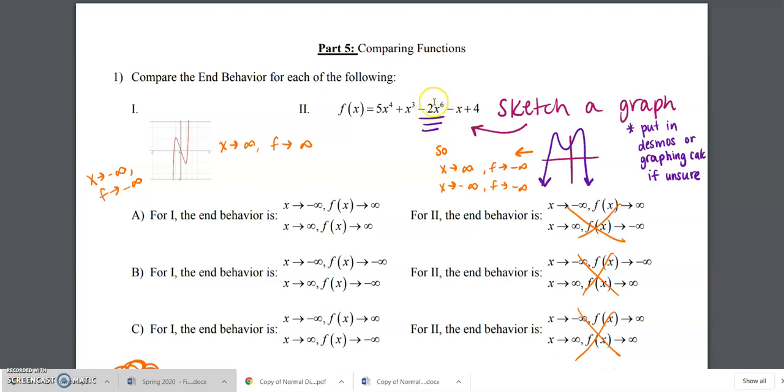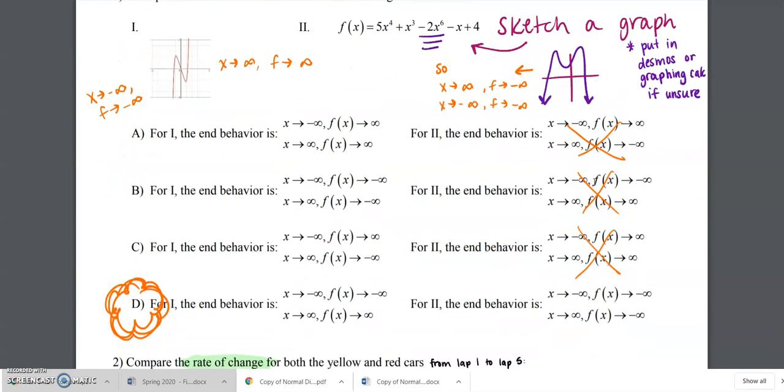The easiest way to do this, however, would be to use Desmos or your graphing calculator to simply graph this function and then look at the end behavior. And you can see that as we trace this function going to the left, so as x approaches negative infinity, f of x is also approaching negative infinity. But we also see that as we move to the right, or as x approaches positive infinity, f of x is also approaching negative infinity.